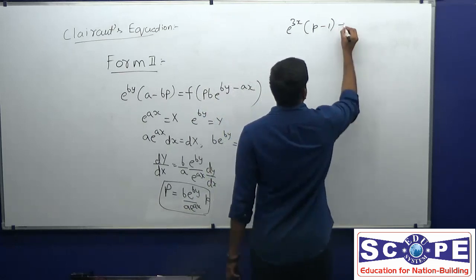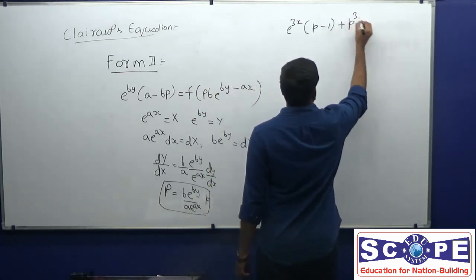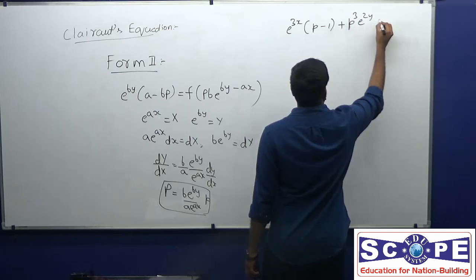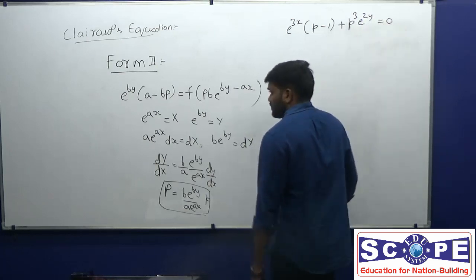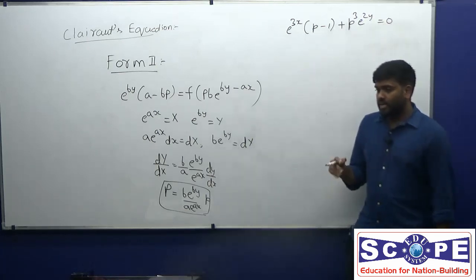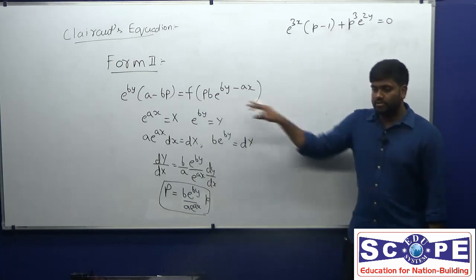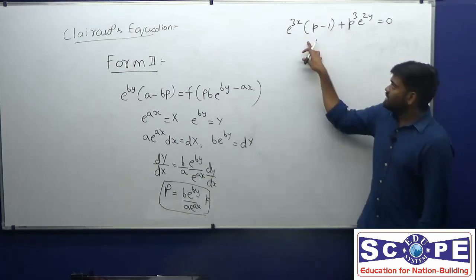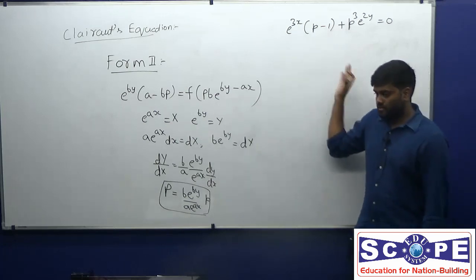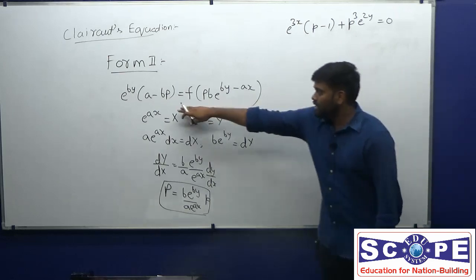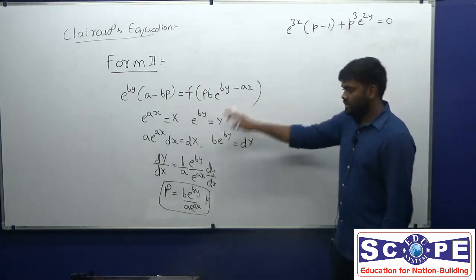Write this example. We simply don't get anything in examination other than these forms. So whenever we see e power x and e power y terms, we try to convert into this form and then we'll substitute by the same method.